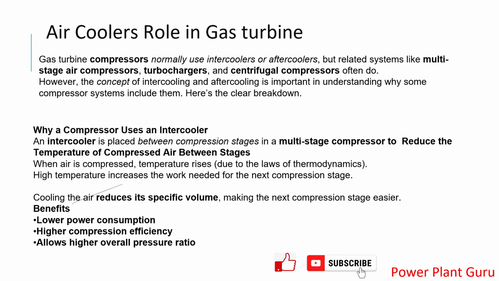So if you want to improve the mass of air entering your turbine section, you have to reduce the temperature, so that within the same volume you can put more mass of air. Then you can keep the same air to fuel ratio and put more fuel into the combustion chamber.